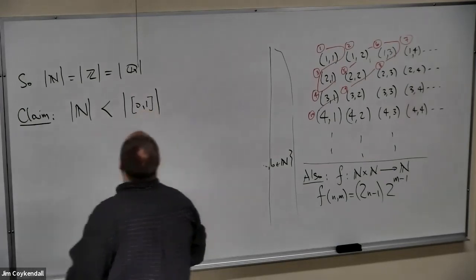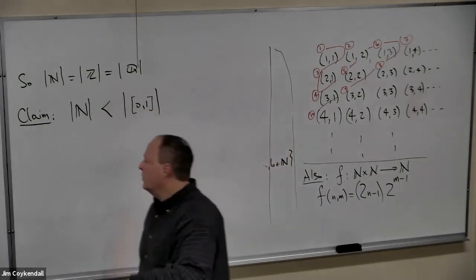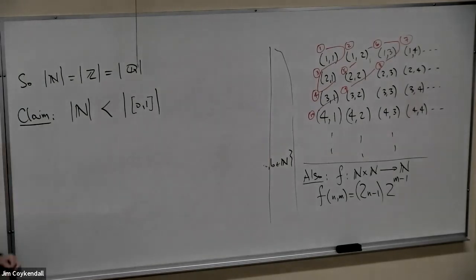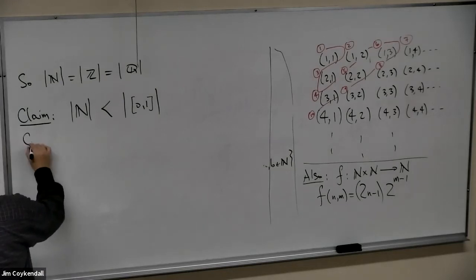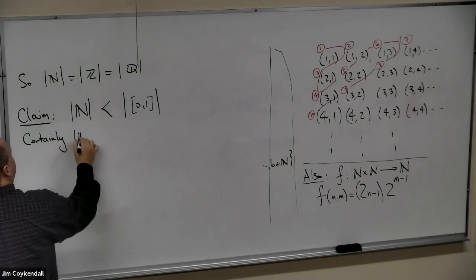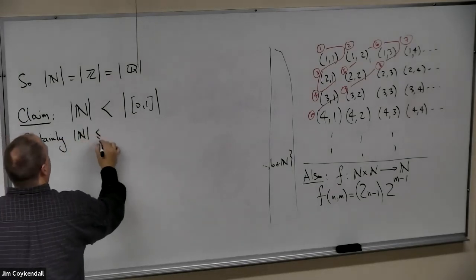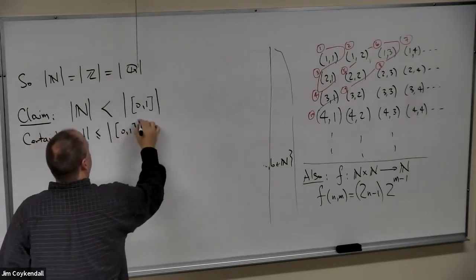I want to make that a closed interval, just because it makes my life easier. What I had written before was true, but this is much easier to show. Certainly the size of the natural numbers is less than or equal to the size of [0, 1].